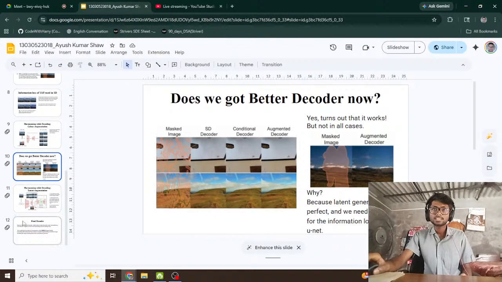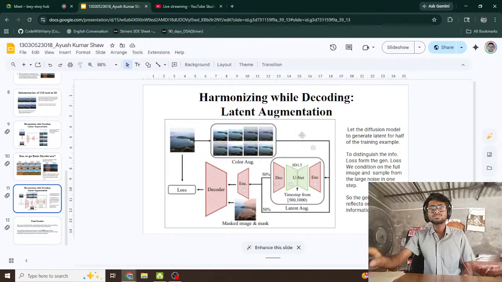So they came out with the latent augmentation. What they did is simply add this portion. All the other things from here to here are taken from the color augmentation part, and they added this portion for the latent augmentation.